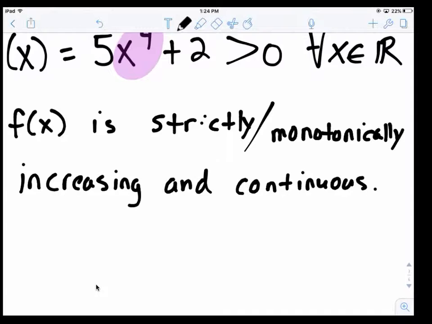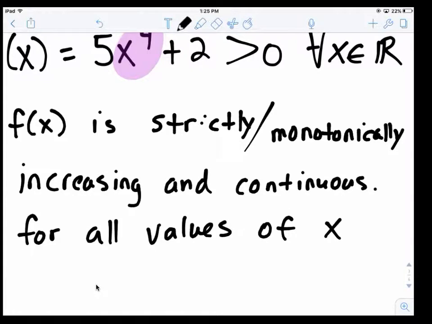Polynomial. And all polynomials are continuous. Alright. f of x is strictly increasing and continuous for all values of x.